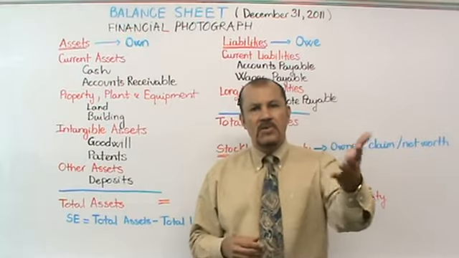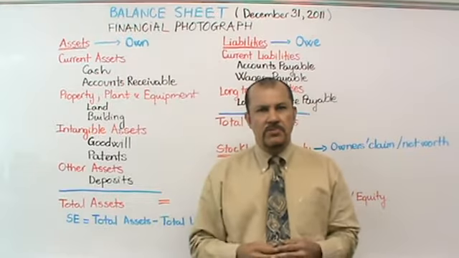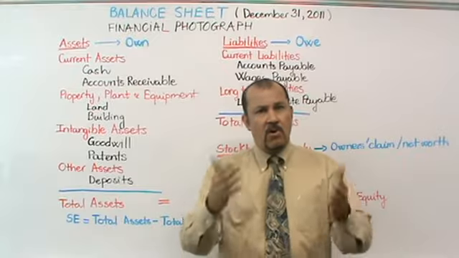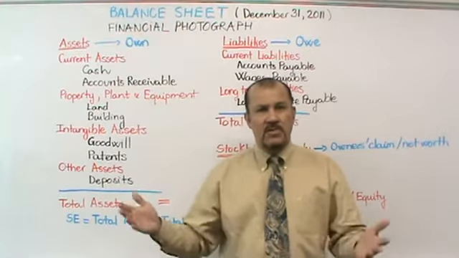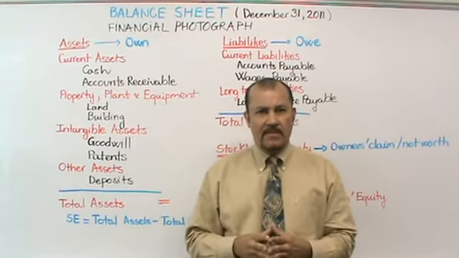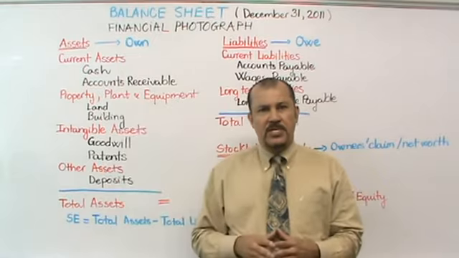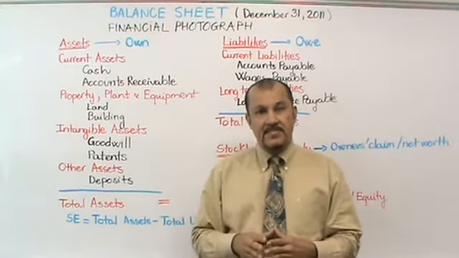Just as you own a number of things in your personal lives, what are some things that you own? Clothes, a car, maybe more than one car, a house, etc. All of these are your assets. Similarly, a company owns or can own a number of different items as well.